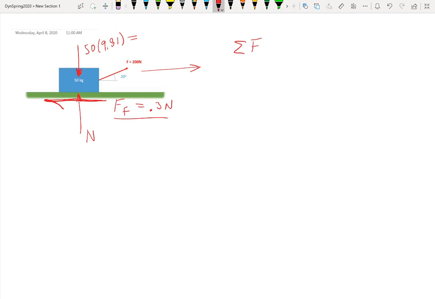All you do is the sum of the forces in the y equal mass times acceleration in the y. The block is not jumping off the ground or going through the ground, so therefore that's 0. Sum of the forces in the x, and it is moving to the right.